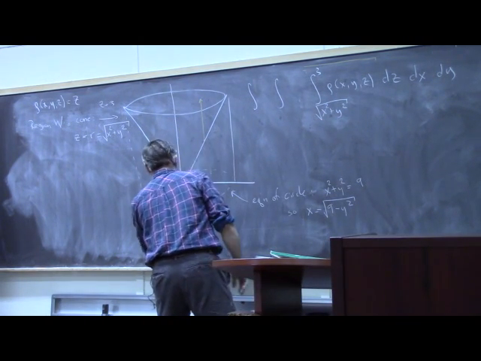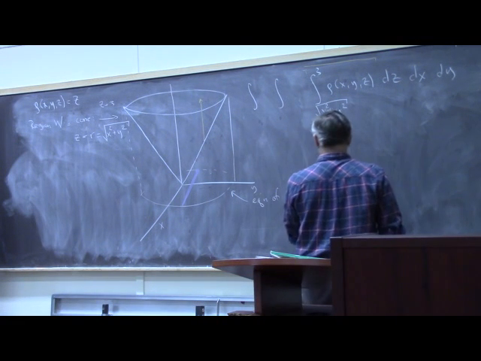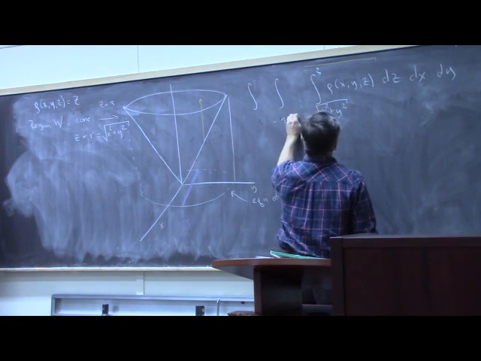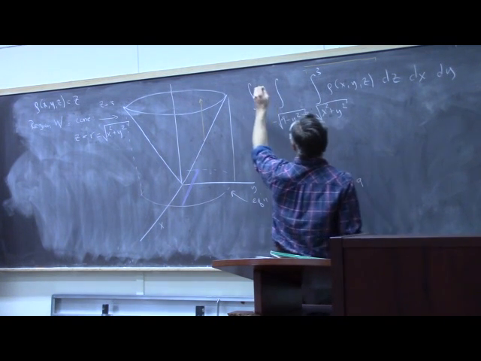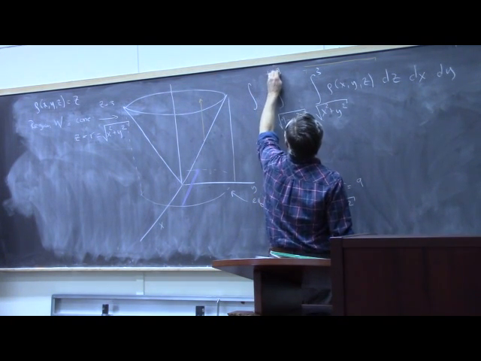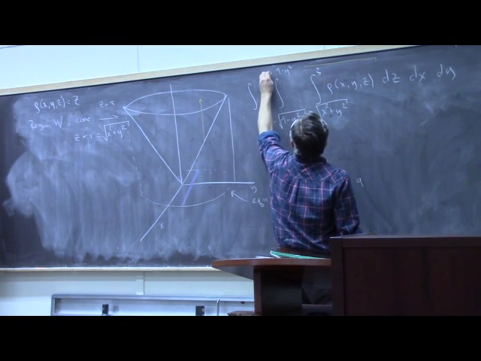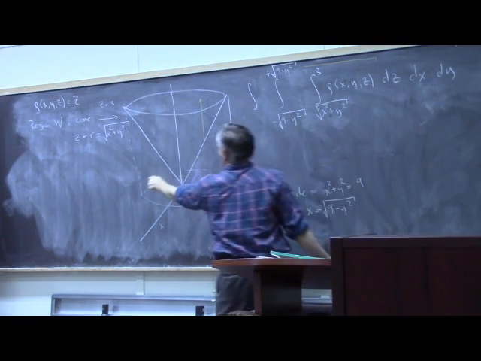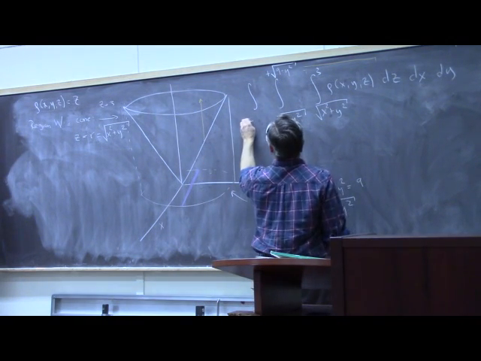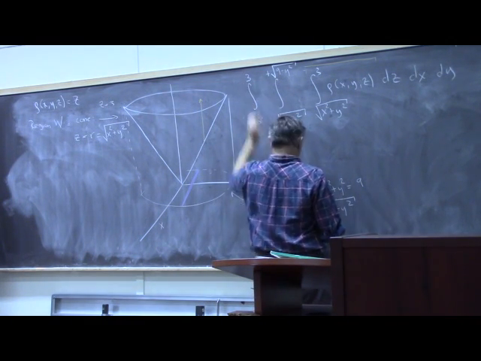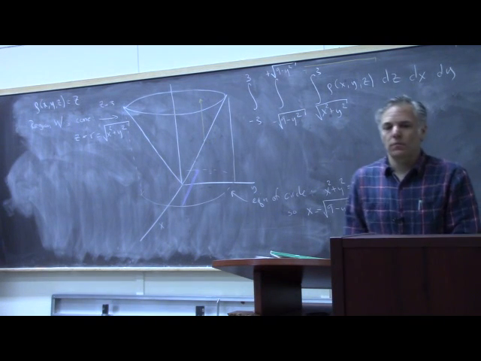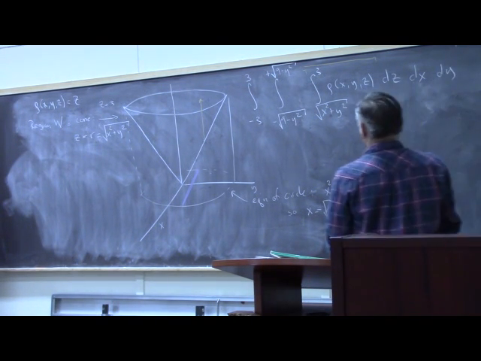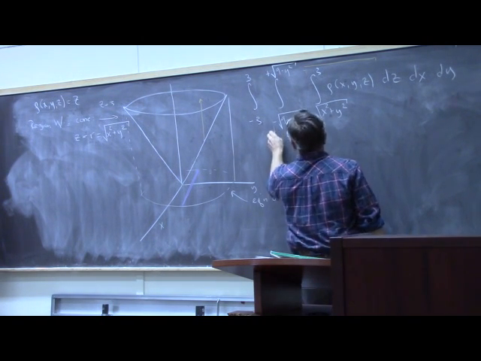This is x, y. And y goes from -3 to 3. So I guess this then.